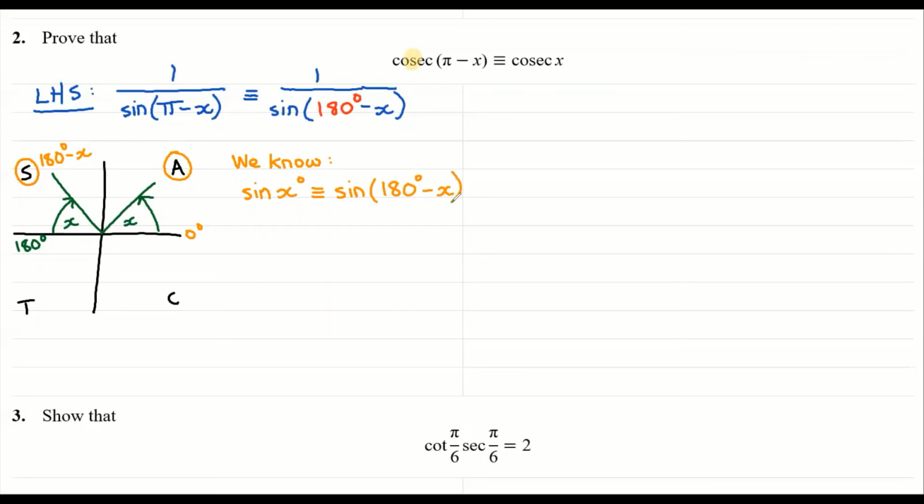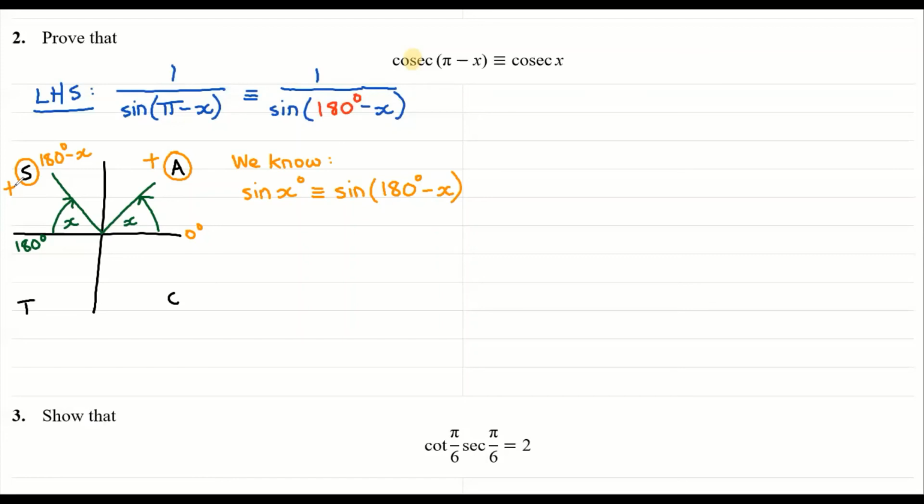Not very good notation there. Because sine is positive here and here, the values are always the same. It's just a case of whether it's plus or minus. So they are absolutely identical. You can test that on your calculator. If you pick any angle you like, take the sine of it, and then do 180 subtract that angle, you'll get the same value. So that's something we've established from the CAST diagram.